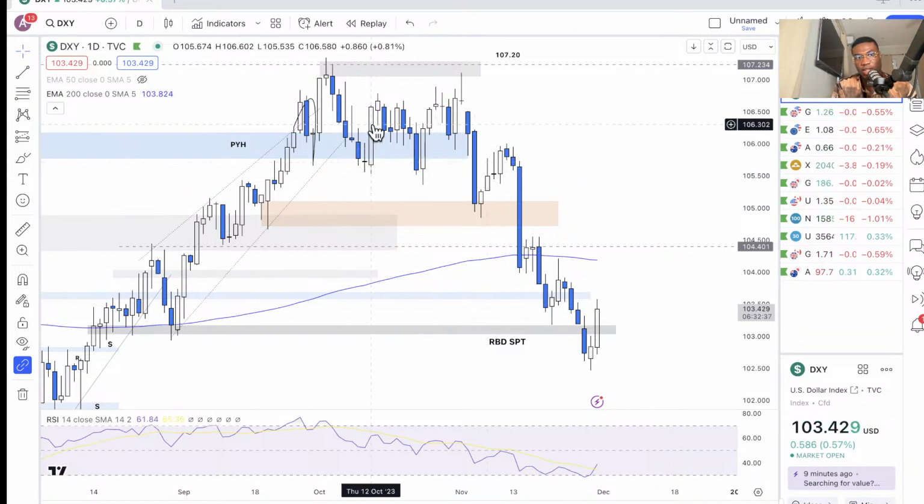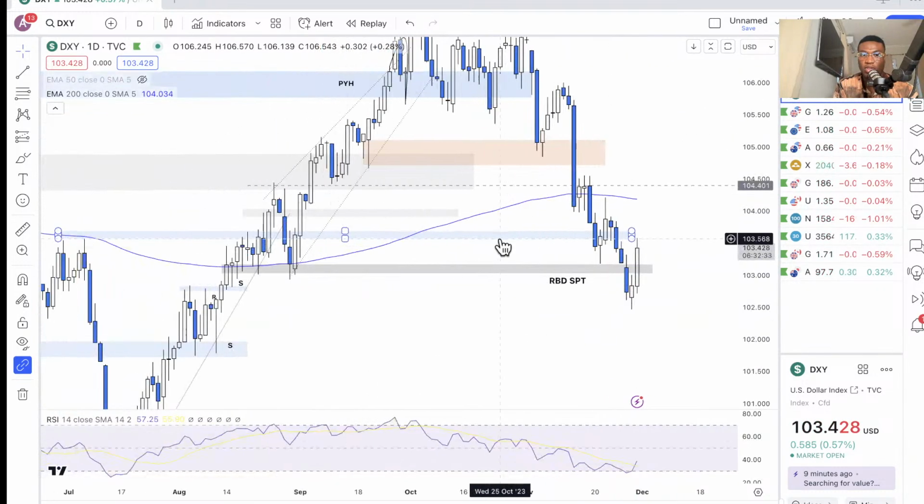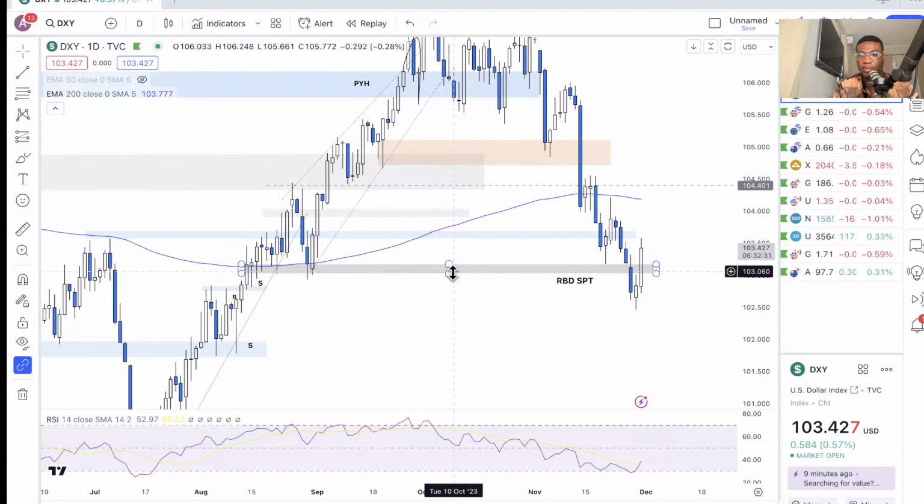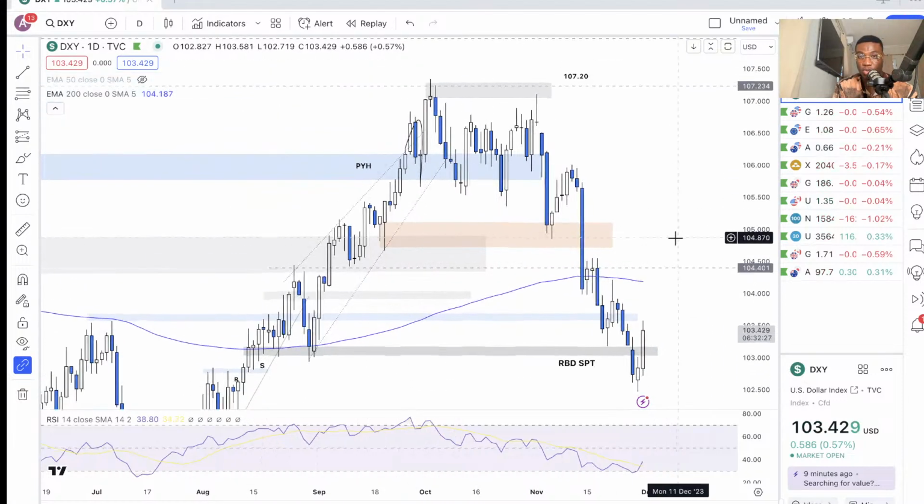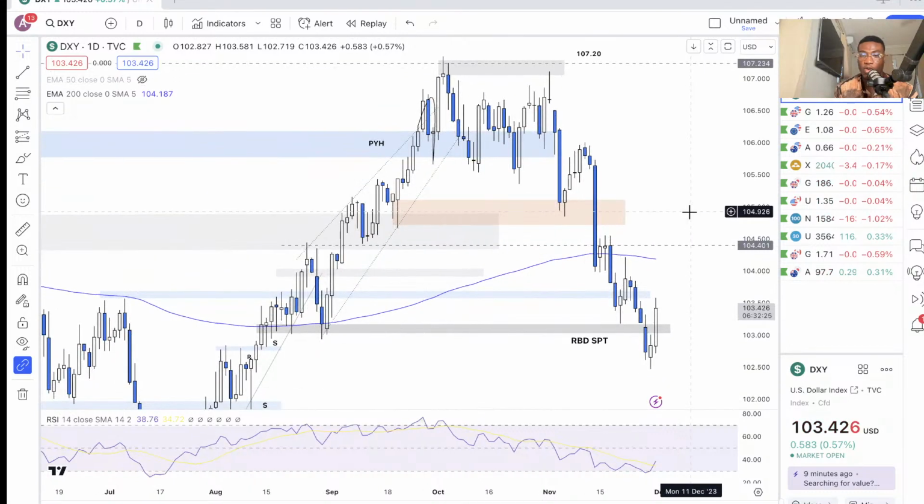So looking at the dollar index on the daily time frame, you can see that I've already mapped out some key levels here, which are the support and resistance, supply and demand zones. First, we've checked the news, we've understood market structure and the trend, which is bearish, right? You guys can see it. It's bearish on the daily, bearish on the weekly.